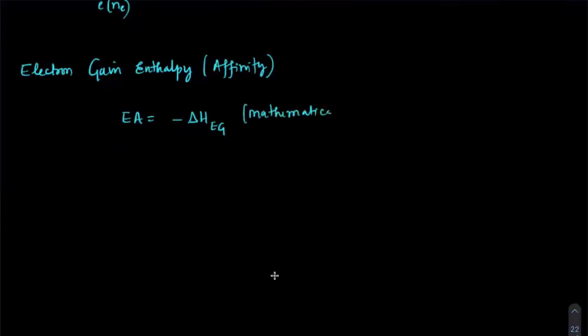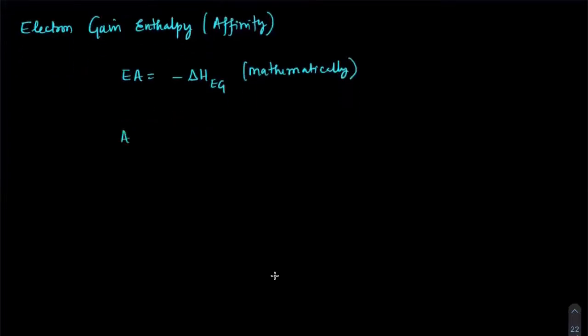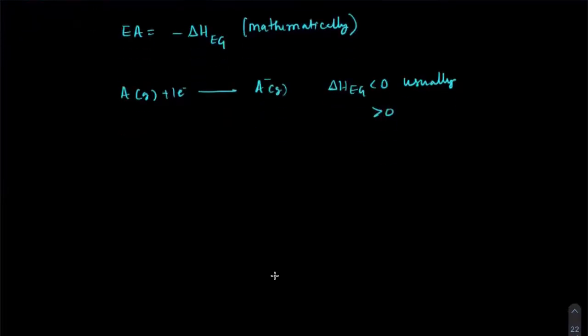What does this mean? Suppose an electron is being added to any element and it becomes a negative species, then energy is usually released. Usually it is released. Got it? But it could be greater than 0 also.